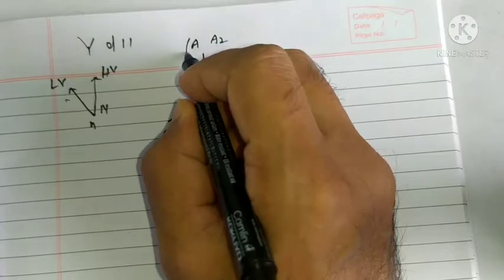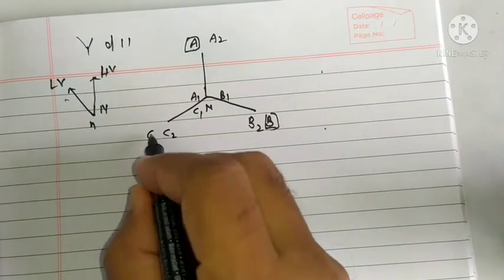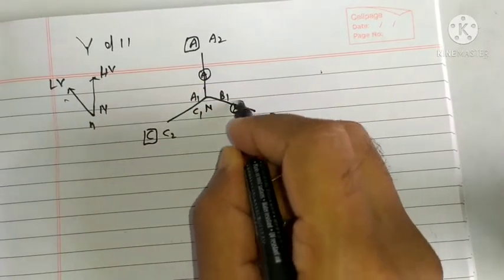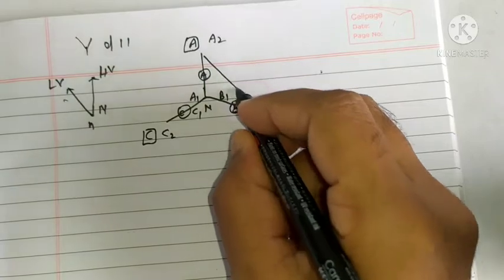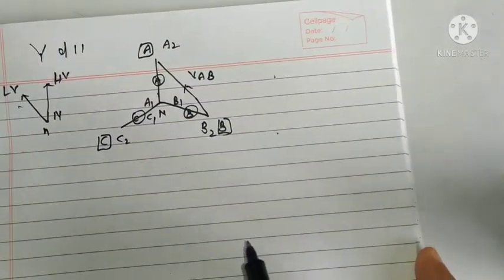The terminals will be A, B and C. Arms will be A arm, B arm and C arm, and this will become VAB, right?